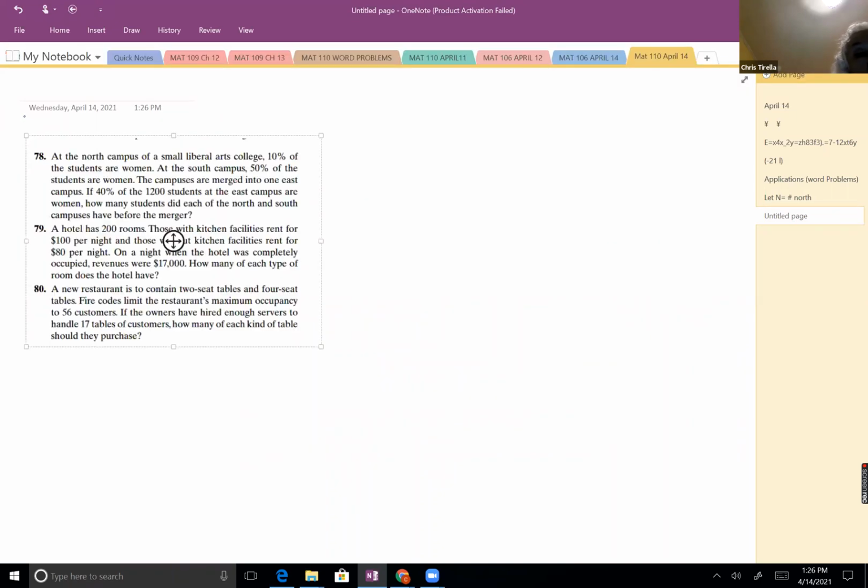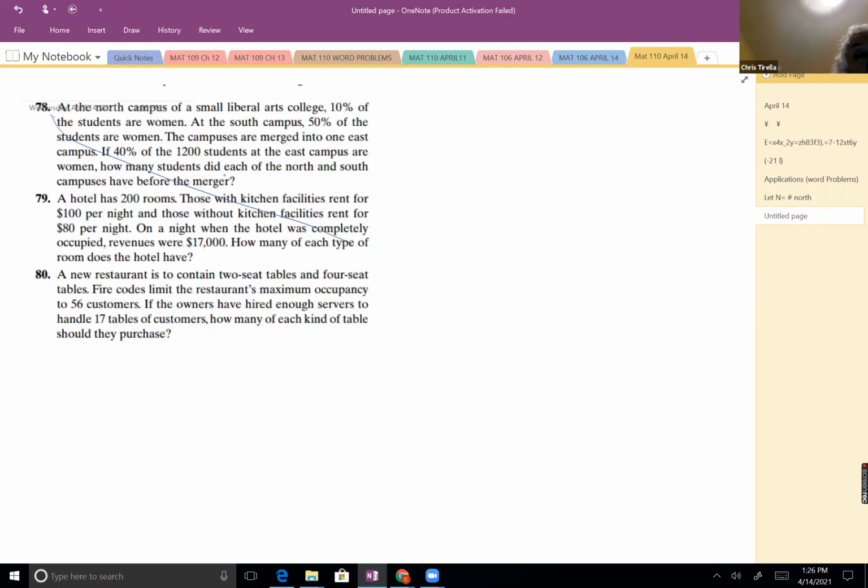And now I'd like to look at the last one. Last one says a new restaurant is to contain 2 seat tables and 4 seat tables. Fire code limits the restaurant's maximum capacity to 56 customers.